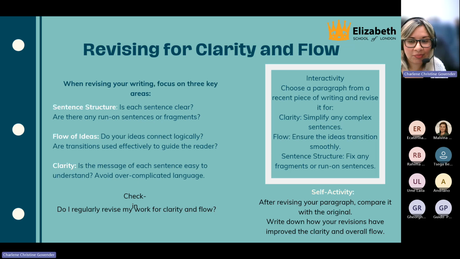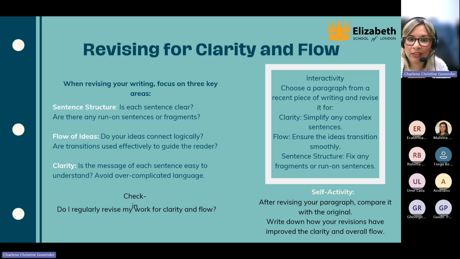I'll be honest, it was something I never did. I used to write, submit, and not think about it. It's taken me time to get to the point where I revise. So, as always, go back to your own writing. Take a paragraph from your recent writing and revise it.